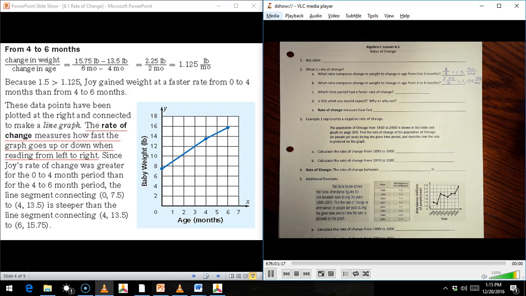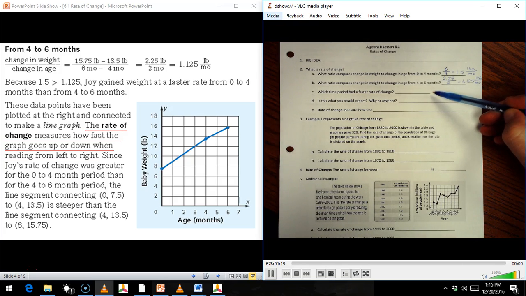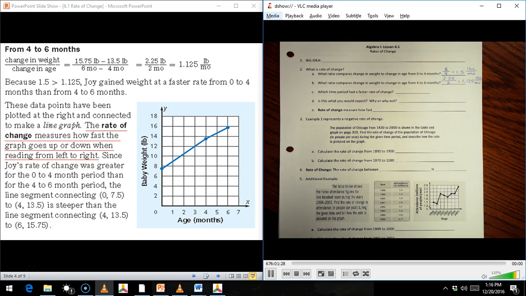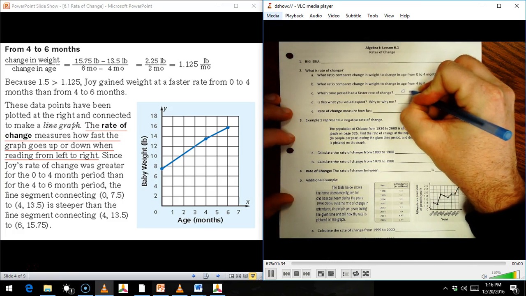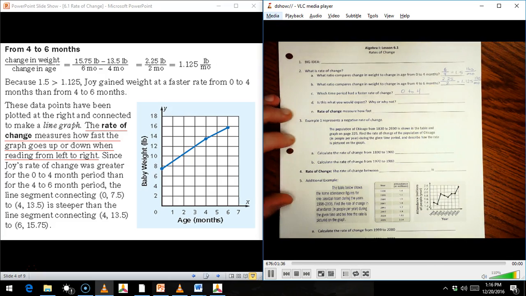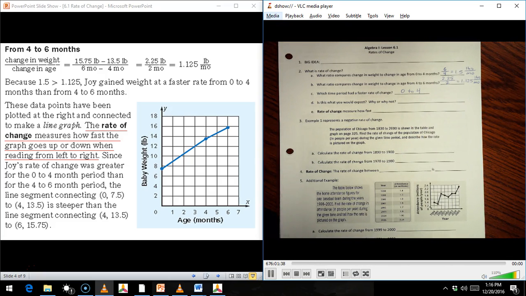Now the question in 2C is asking which time period had faster rate of change. Well, you can see from the information out of the book, 1.5 is greater than 1.125, and so we know that the first time period was faster from 0 to 4. That's the faster time period. Now, is this what you would expect?